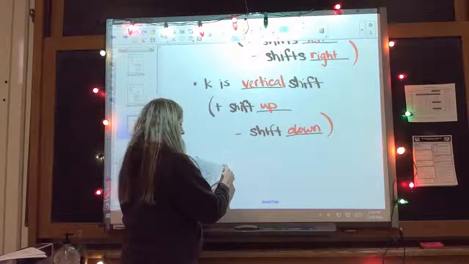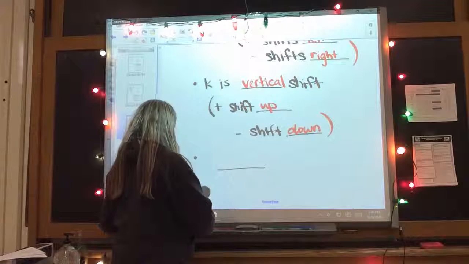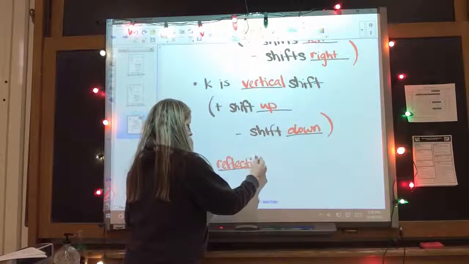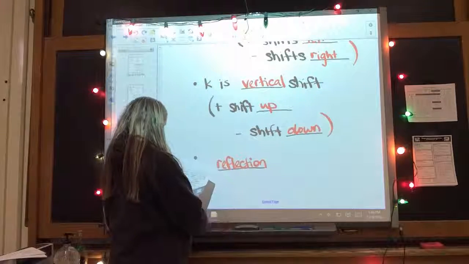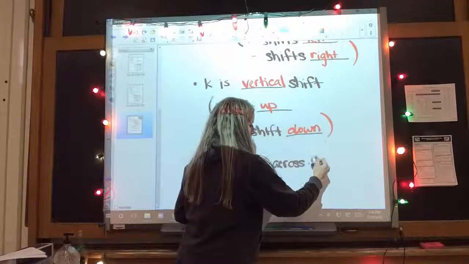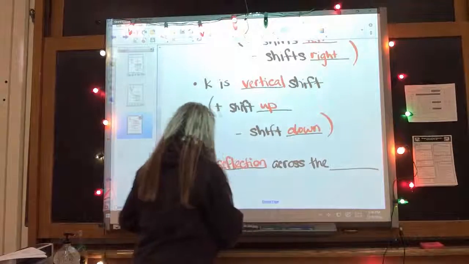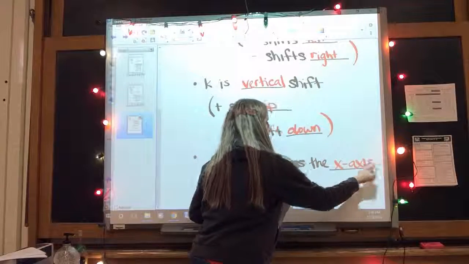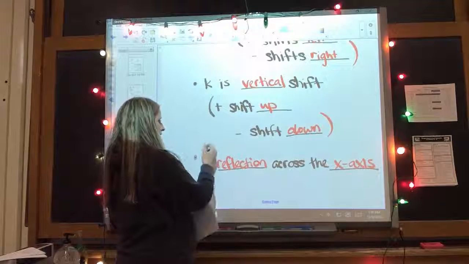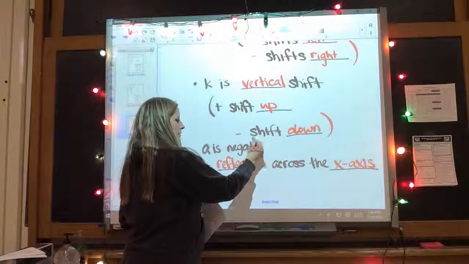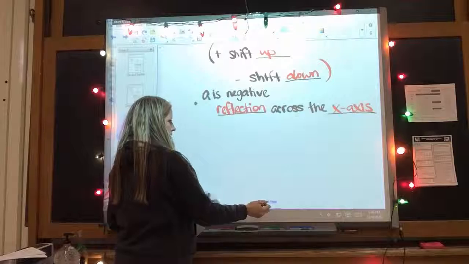The function is a reflection across the x-axis. So this is when your a is negative. It's going to reflect over the x-axis.